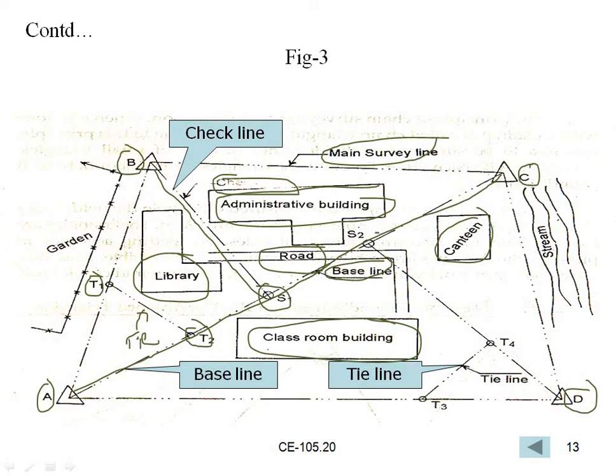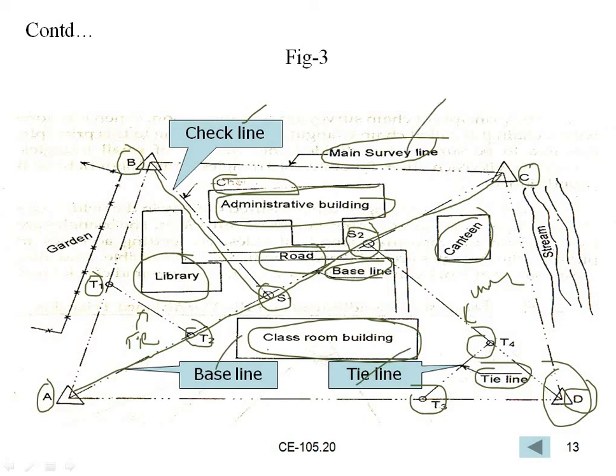Again from S2 to D, this line is called check line. Again T3 and T4 is called tie line. So here we can observe check line, baseline and tie line.